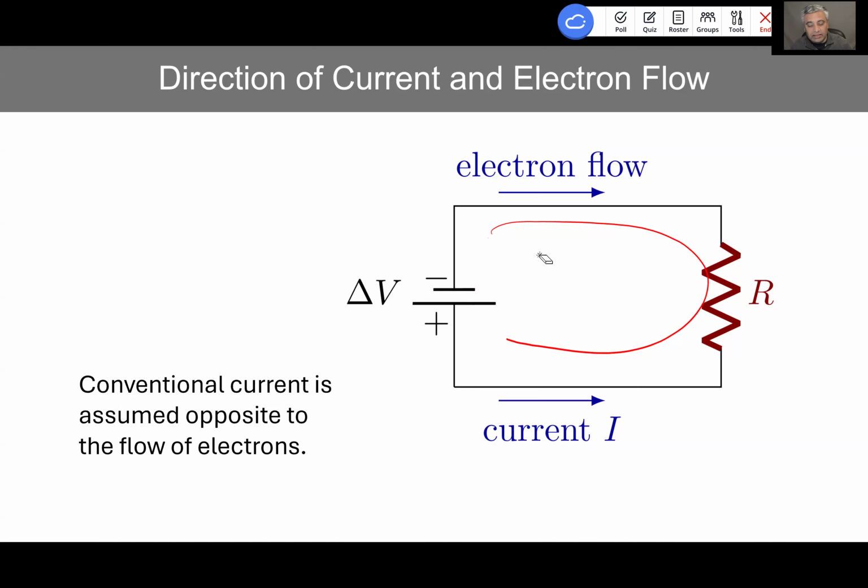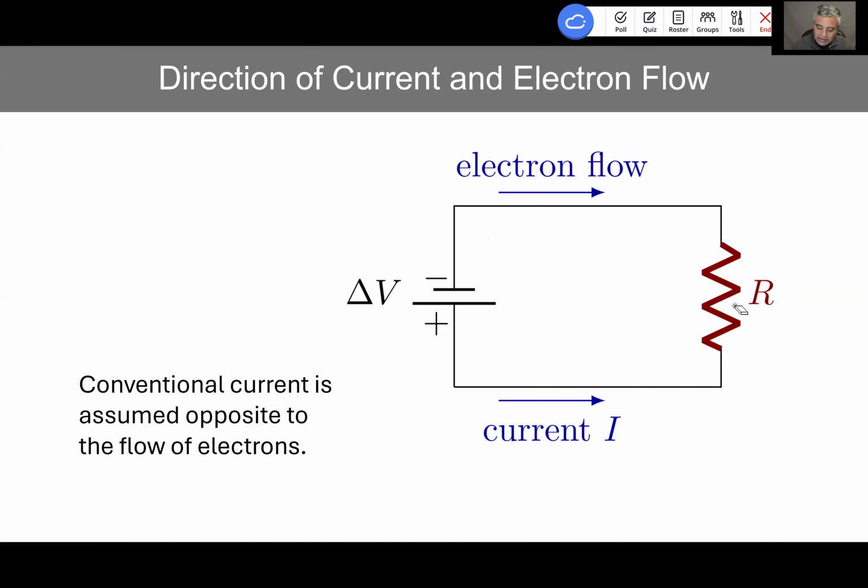But at the beginning, when they invented charges and current, they thought it's the positive charge that moves in the wire, not the negative charge. So they thought it's going to be moving something like this. Positive charge goes towards the negative terminal. That's what they thought, and they said that is the direction of flow of current.